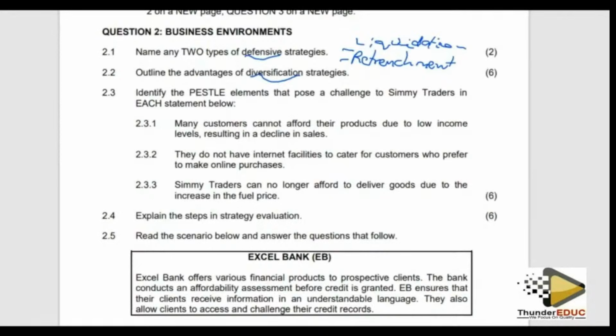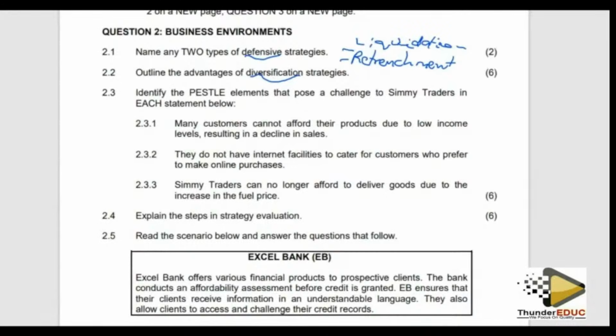Okay, right. So now, having explained all of the aspects that appear under PESTLE, it is going to be very easy for us to engage in these questions that follow: 2.3.1, 2.3.2, 2.3.3.